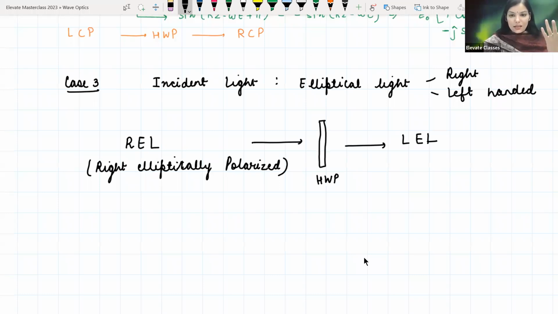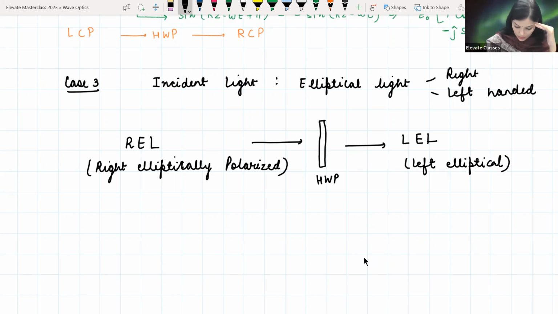So I'm getting a LEL, which is not a terminology, but I'm just writing a short form. So I will basically make it into left elliptical. So similarly, if left would be incident, then it will become right elliptical, okay?